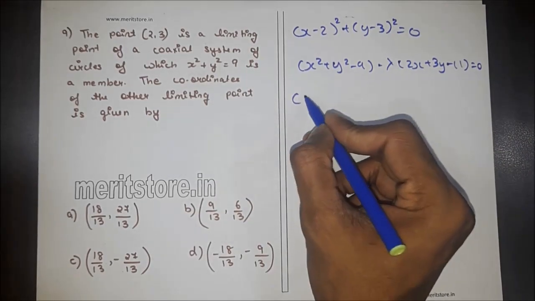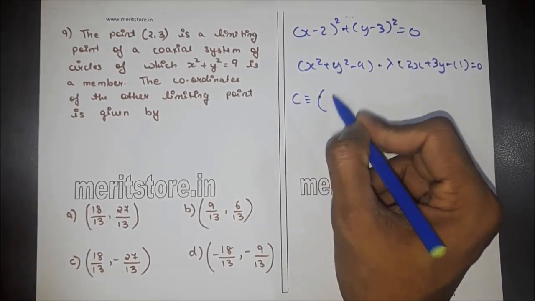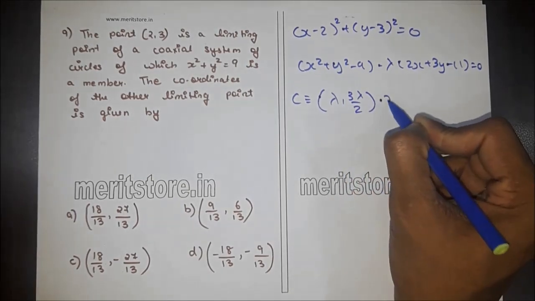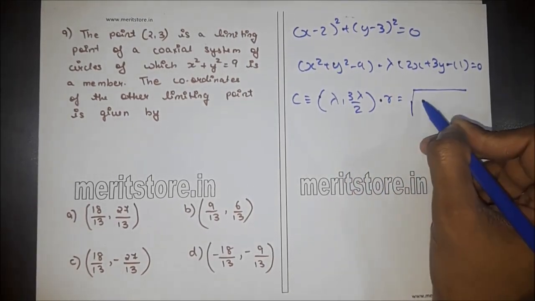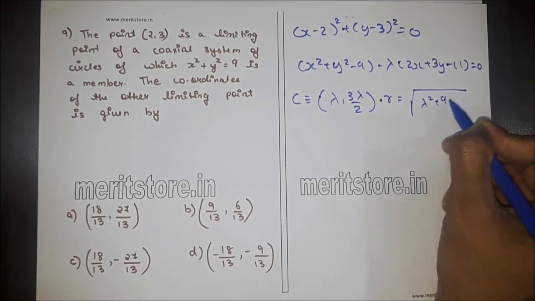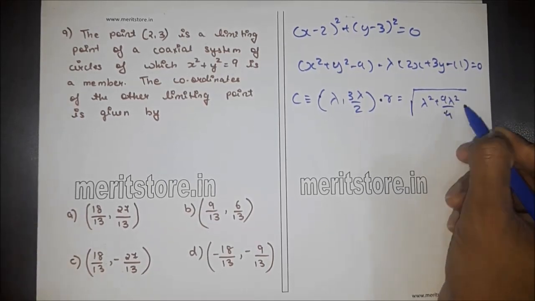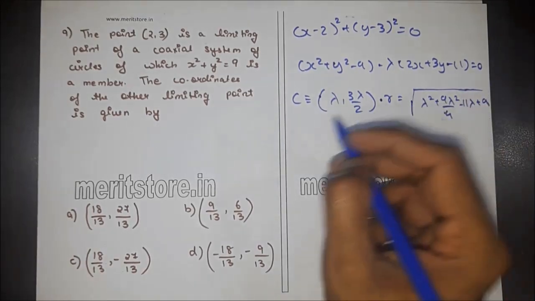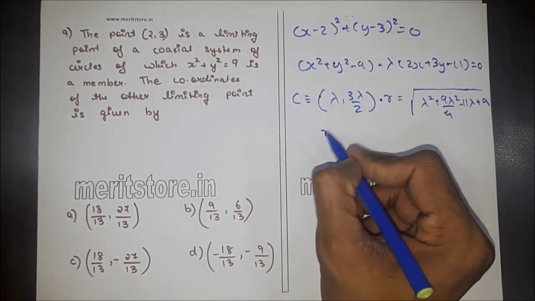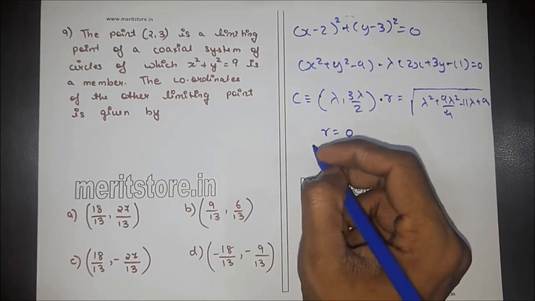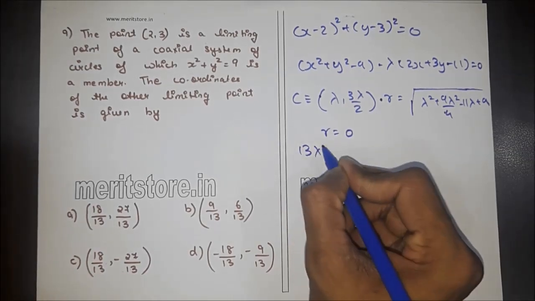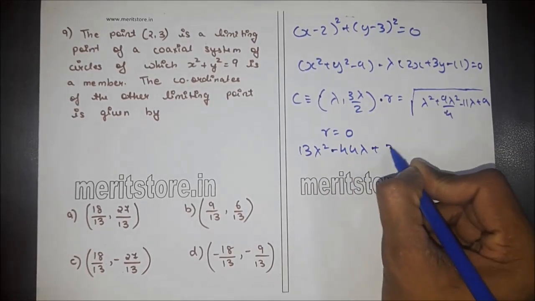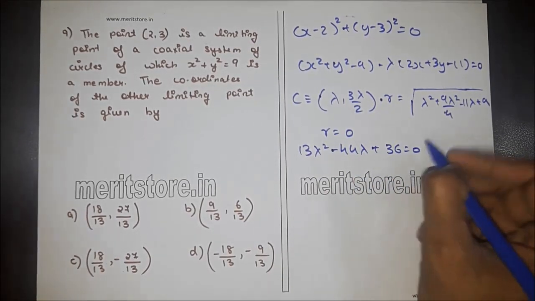Therefore the center can be given as (lambda, 3 lambda by 2), and the radius r equal to root of lambda square plus 9 lambda square by 4 minus 11 lambda plus 9. For limiting points, r is equal to 0, where we get 13 lambda square minus 44 lambda plus 36 equal to 0.